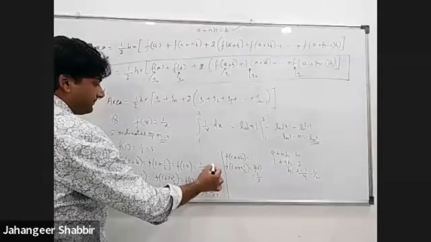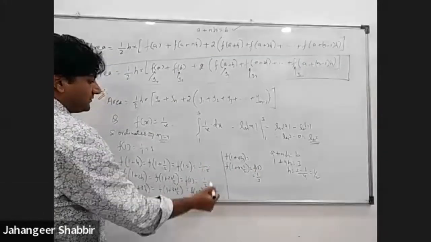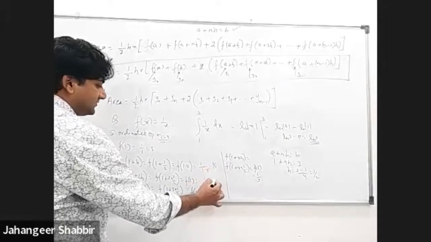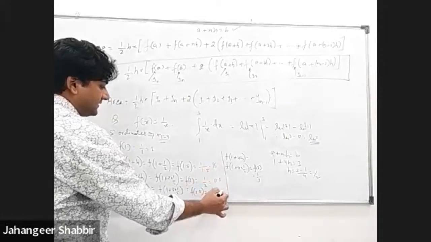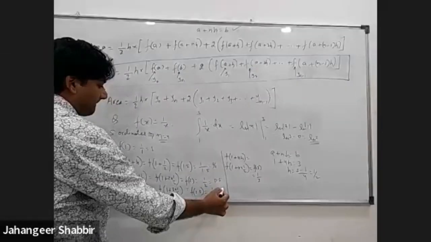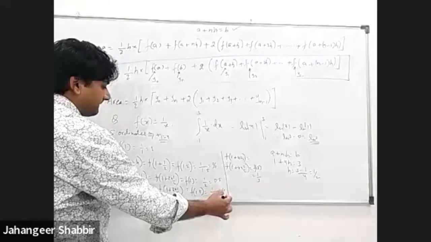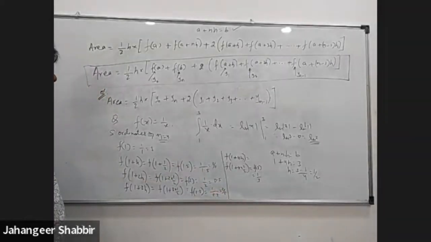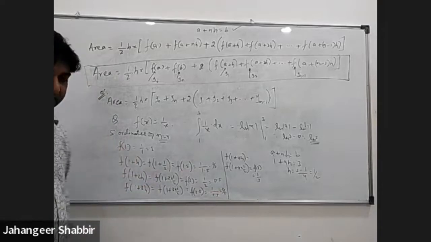Yeah, 2 over 3. And this is 0.5. And this is 2 over 5. And that is 1 over 3. Understood now? Okay. So we found 5 coordinates.